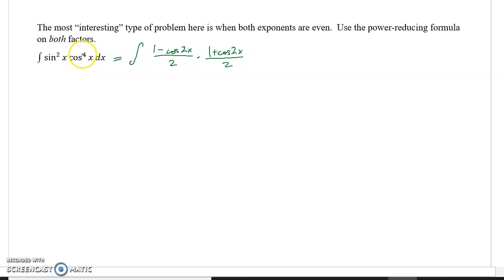But the cosine wasn't being squared, the cosine was being raised to the 4th, so we're going to have to square cosine squared to get cosine to the 4th.